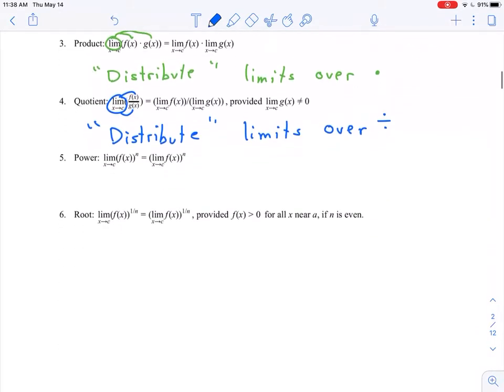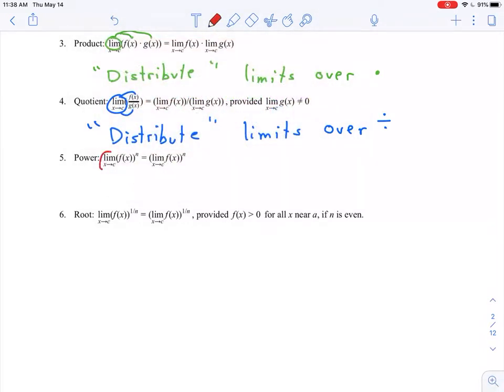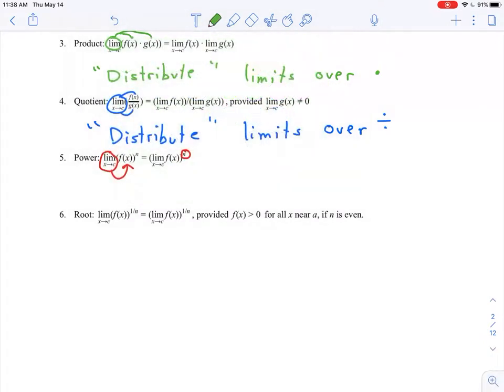Rules 5 and 6 are very similar. We have our power rule and our root rule here. Essentially, this says you can carry the limit inside of that power. So I can look at the limit of the inside part first and then evaluate the power afterwards. The root rule says the same thing: we can take the limit into a root.